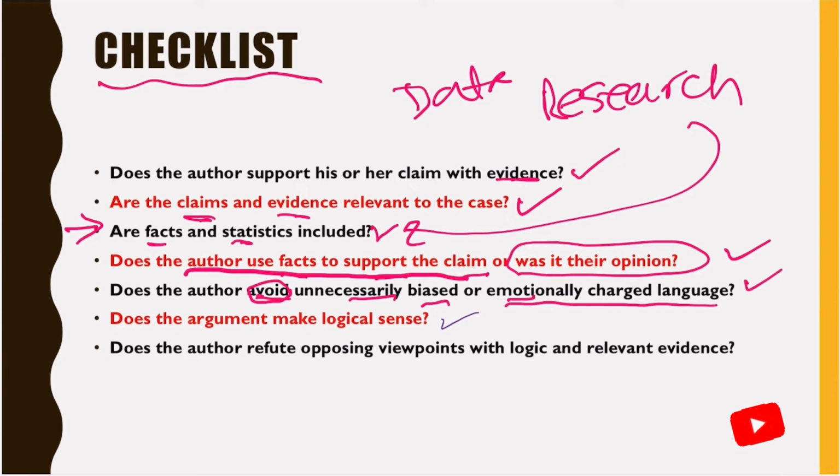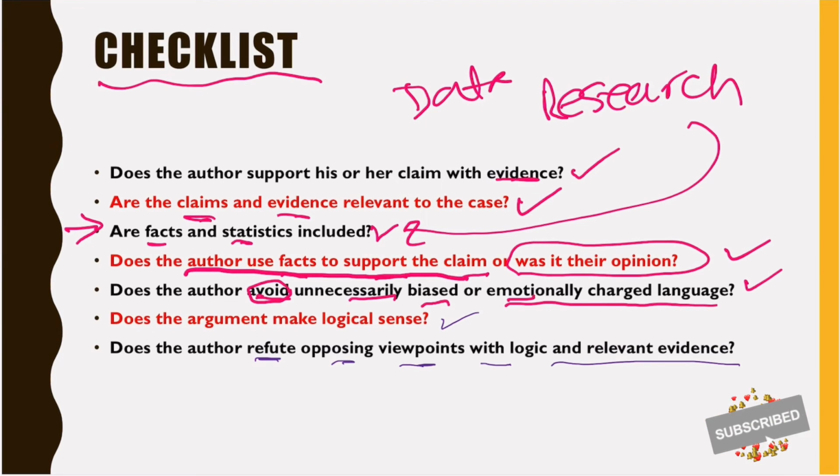And finally, does the author refute opposing viewpoints with logic and relevant evidence? In all arguments, there is going to be a counterclaim or a counter argument. This is where the other side, or the other person you're arguing with, remember, one person can't argue, is giving you evidence to prove you wrong.